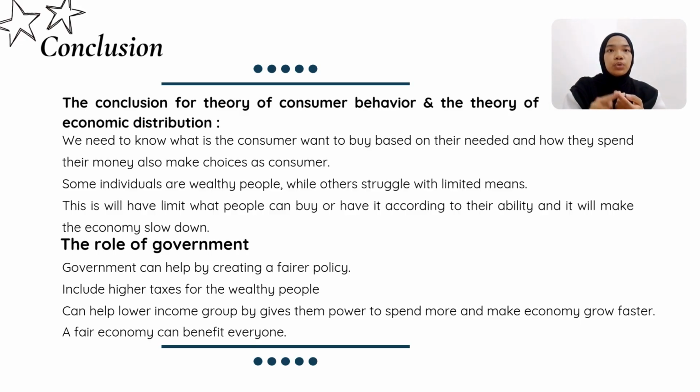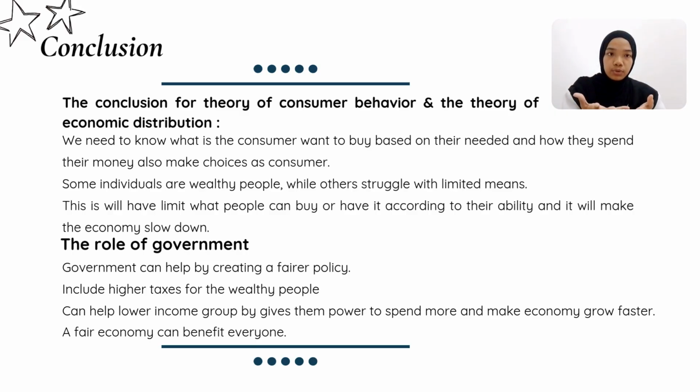In addition, due to economic distribution, some individuals are wealthy, while others struggle with limited means, which means they will have limits on what they can buy or have according to their ability, and it will make the economy slow down.